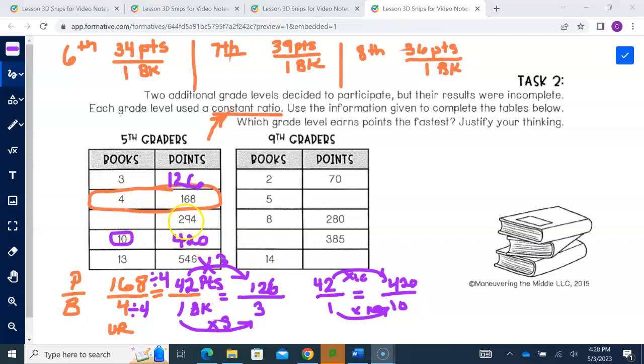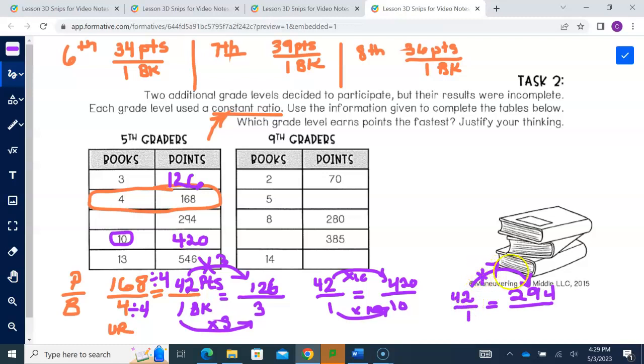Okay, now we're looking at the 294, and we're trying to figure out this number of books. So I know that I get 42 points for 1 book. And I know I've earned 294 points. And I want to know how many books that was. Well, how many times does 42 go into 294? 42 goes into 294 7 times.